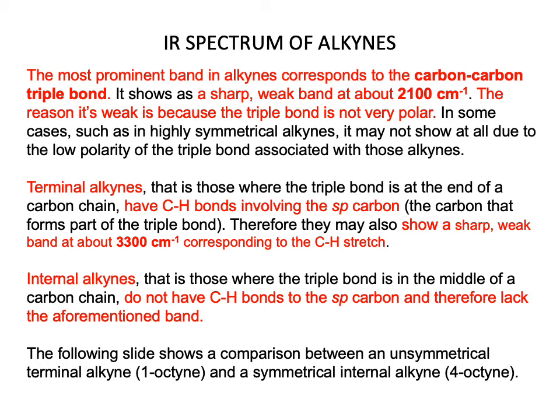For the terminal alkynes, we can see the CH bond vibration at 3300, but for the internal alkyne, there is no indication of the CH bond around 3300. We only have the stretching of the triple bond between carbon and carbon.